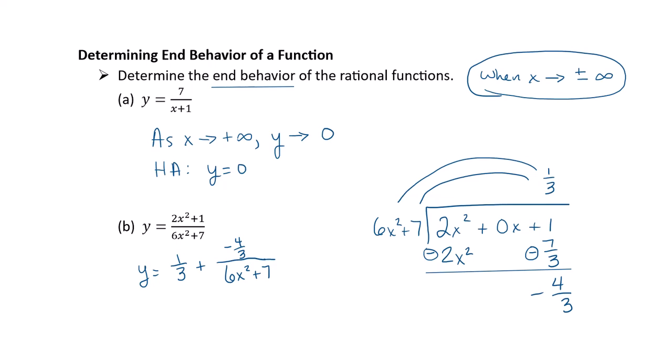And we're left with just this 1/3 in front. So, as x approaches positive infinity or negative infinity, we have a y that's approaching 1/3. Or in other words, our horizontal asymptote is y equals 1/3.